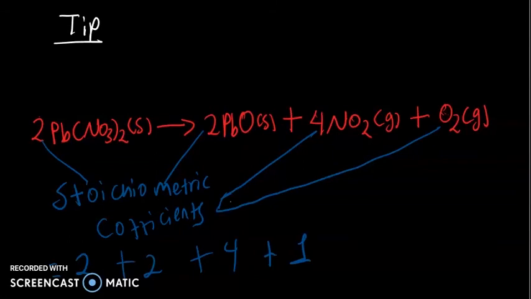Remember that even though there is no number in front of oxygen, we can't see it, but there is a 1. So do not make the mistake of not including 1 in your calculation. This calculation gives us 9 as the sum of the stoichiometric coefficients. I'll make another video on how to balance chemical equations from simple to hard.